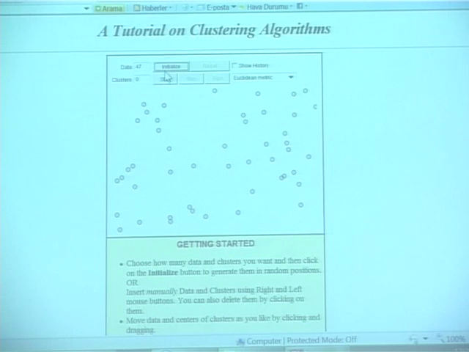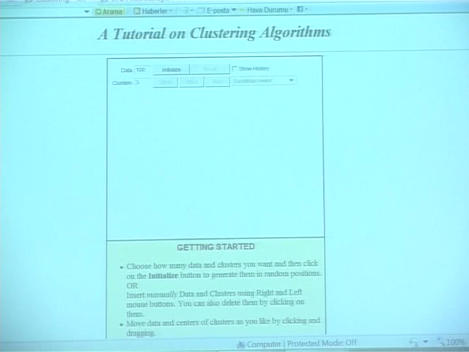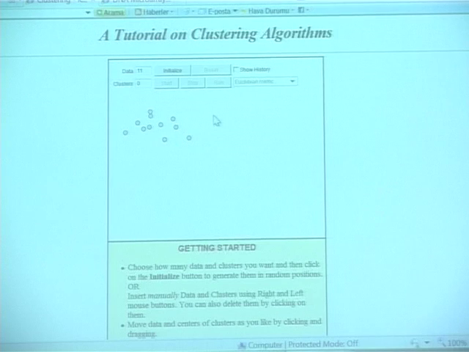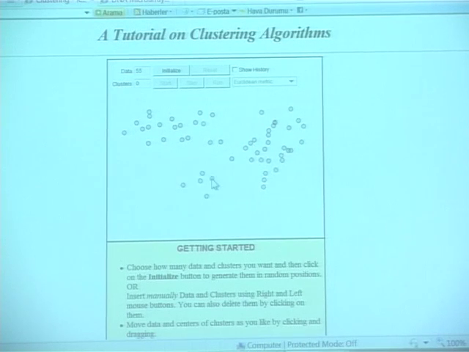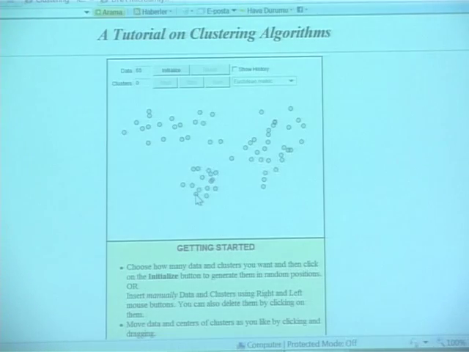Let me reset it. So let's refresh. So some data here, some other data here, and there may be some overlaps. So this time we have 65 points.